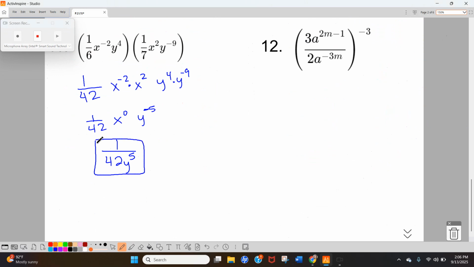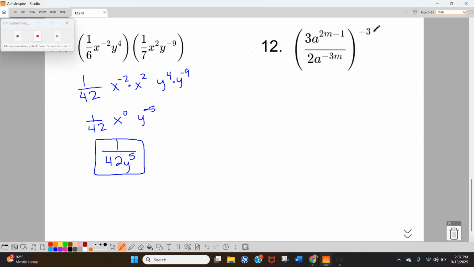All right, last one. There's not a whole lot happening here that I can simplify. I mean, I could, but I'm going to go ahead and show you how I can handle this when the numbers aren't too bad. Actually, well, there's more than one way to do it. I can simplify the inside and then do the exponent.